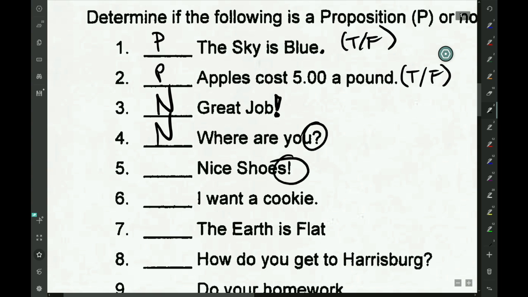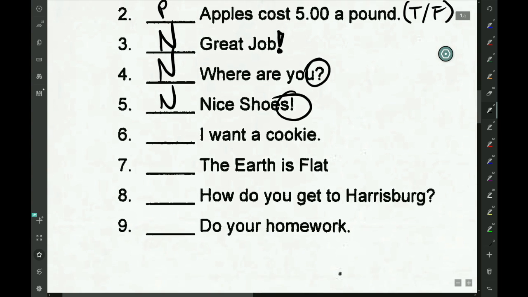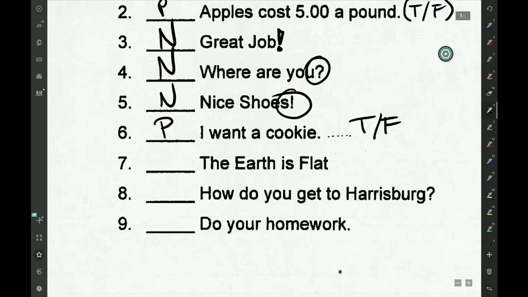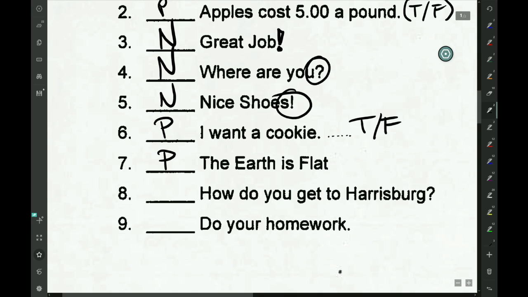Nice shoes. No. I want a cookie. Well, who doesn't want a cookie? So that's true or false. This is a proposition, even though it is kind of an opinion. You can say, yeah, that is true. The earth is flat. That also is a proposition.